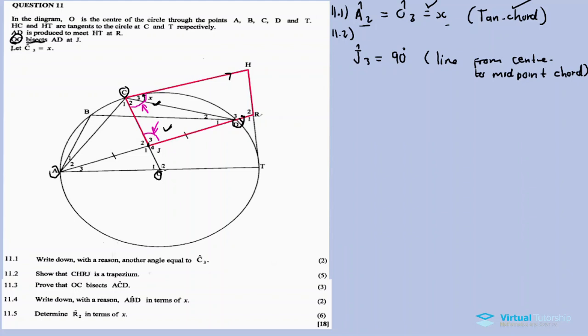Now bheka, njengoba bengisho ekuqaleni ukuthi this OC is in fact a radius. So actually a radius is measured from the center to the circumference. So this line from O to C is a radius, right? A radius. And then lona ubani CH, the CH is a tangent.